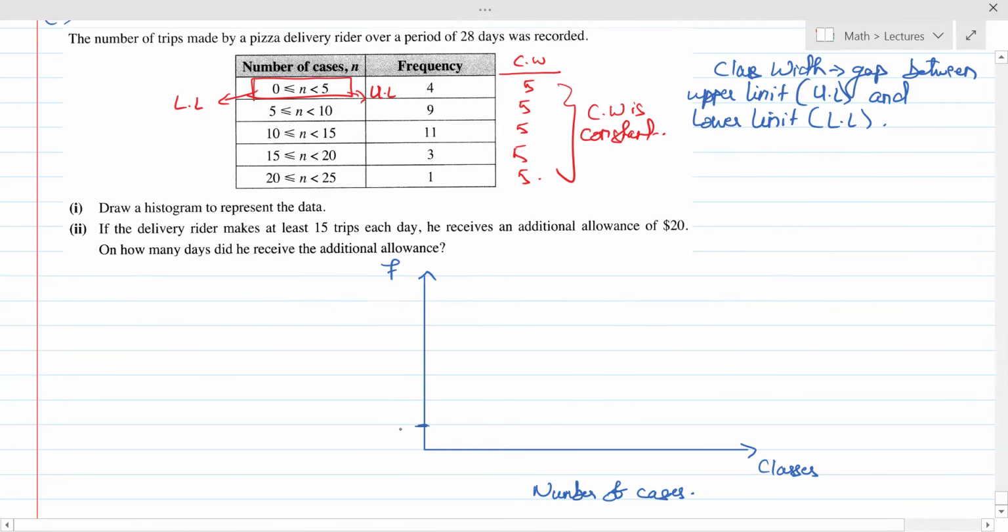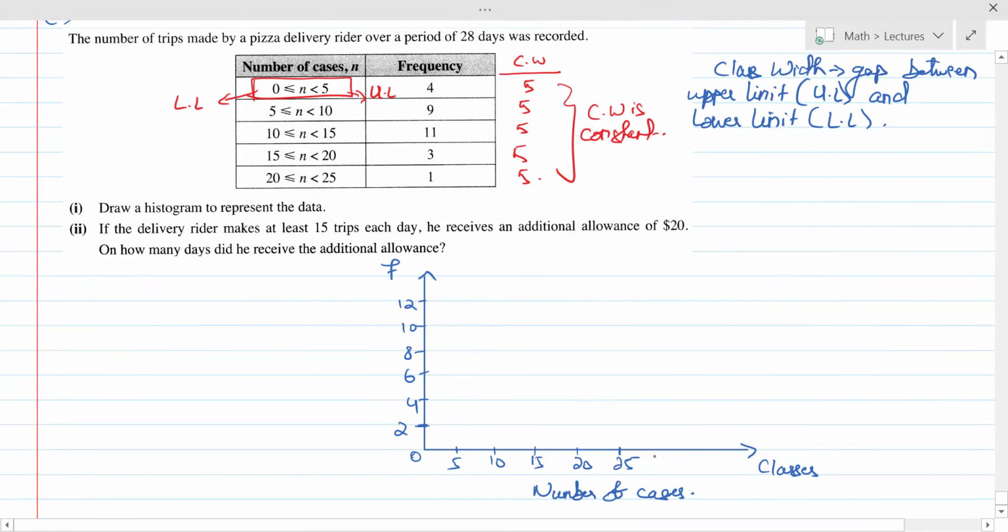So we'll keep a gap of 2 units: 2, 4, 6, 8, 10, 12. And the classes go from 0 till 25. So starting from 0, it's 5, 10, 15, 20, and 25.